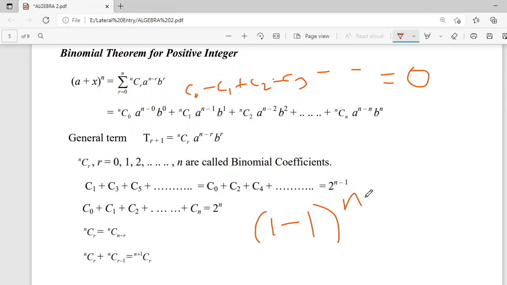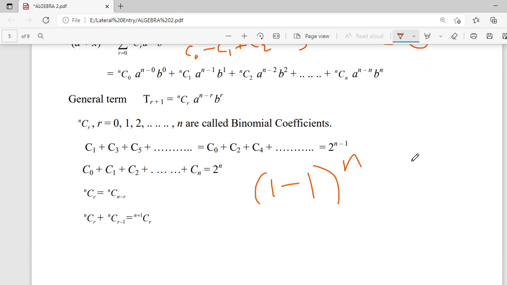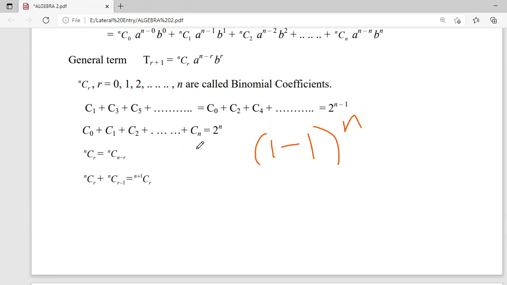So you take the even coefficients to the left side and the odd coefficients to the right side. They are equal, and this is 2 to the power n minus 1, because they have equal values.